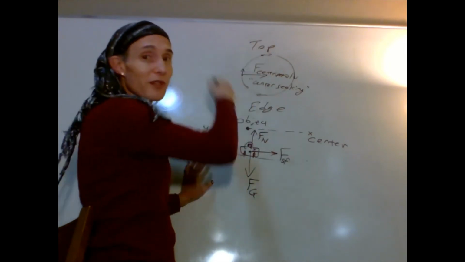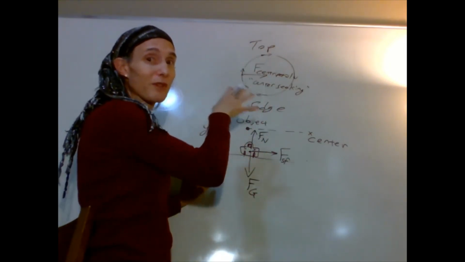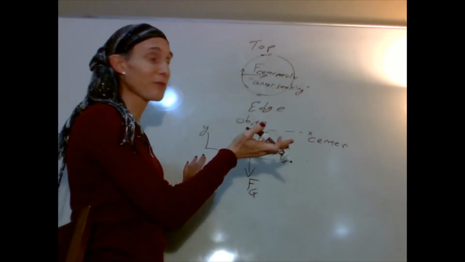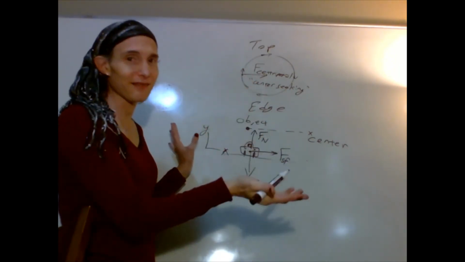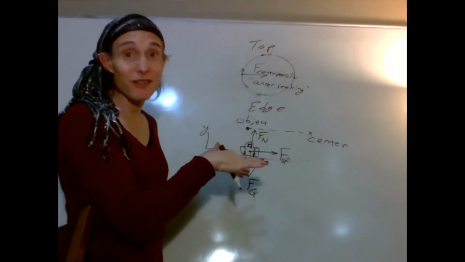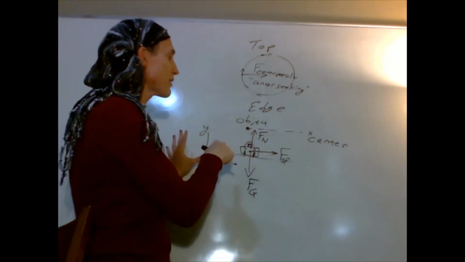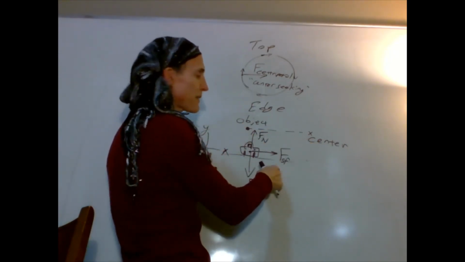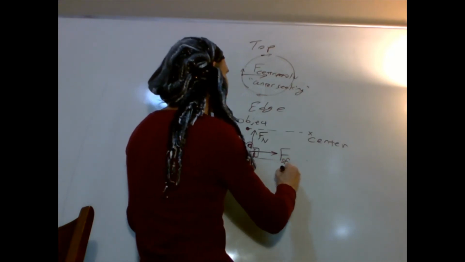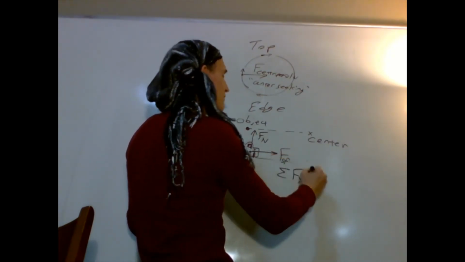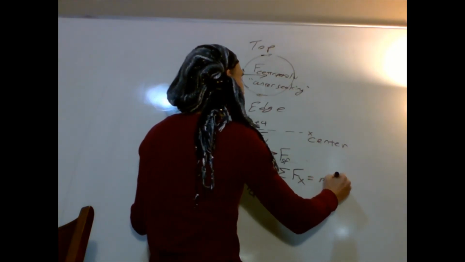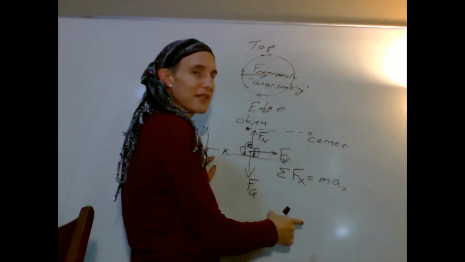So if there's uniform circular motion, there needs to be a centripetal force, but what causes that centripetal force? It could be gravity, it could be tension in a string, it could be friction, it could be any number of things. It could be a combination of forces. So here, your net force in the x direction would just be the frictional force, and the acceleration is going to be the centripetal acceleration.